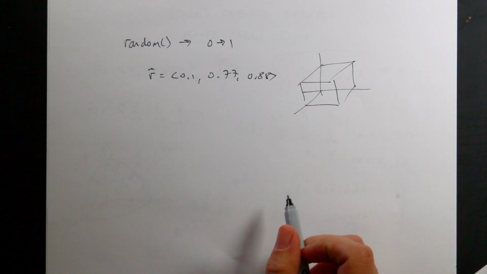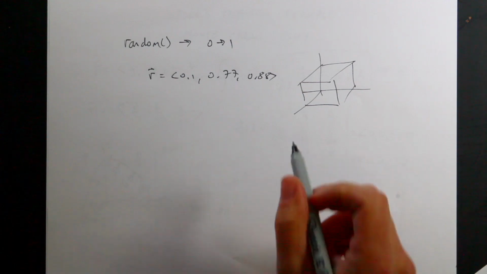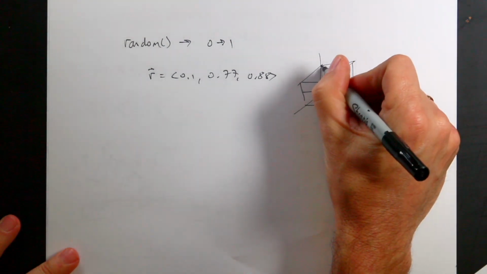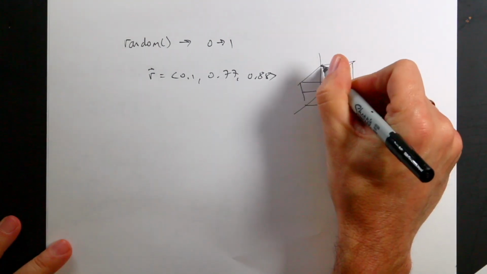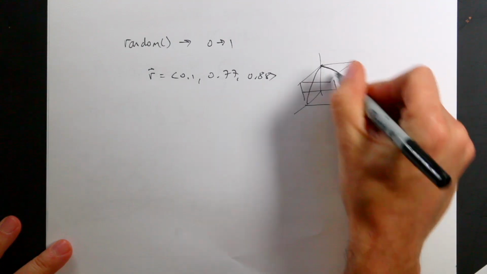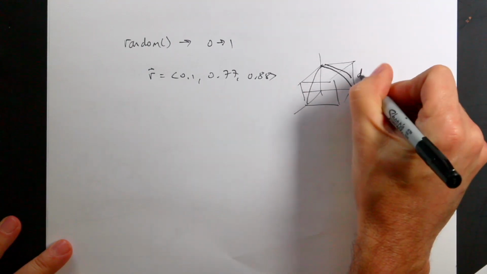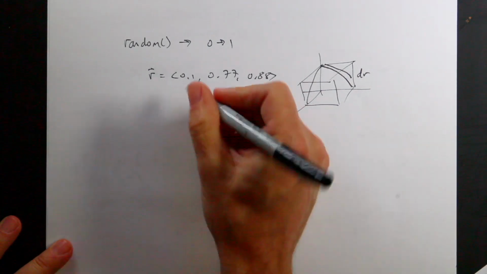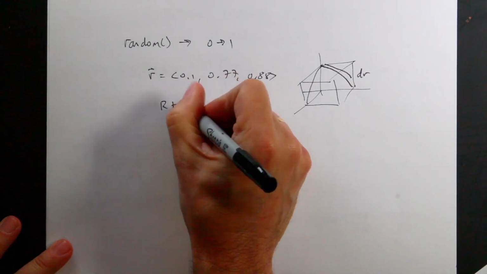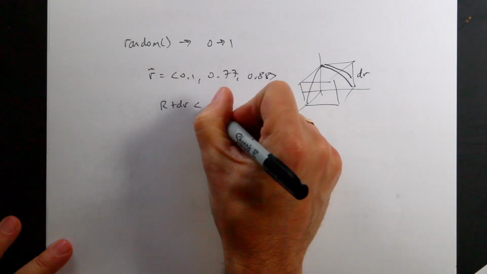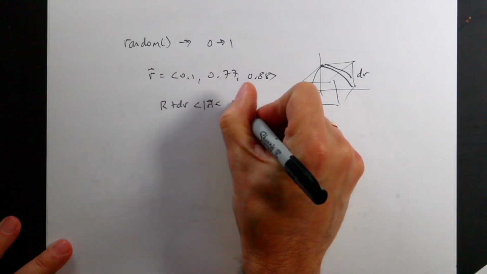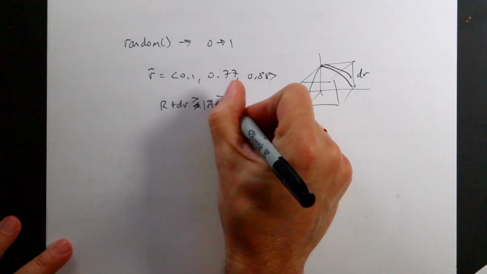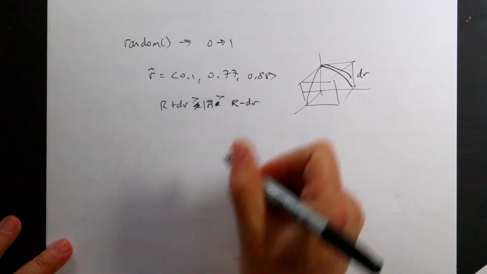And that's not what I want. So what I want to do is to generate all these values and only accept them if they lie in this shell. And so I have to give this shell some thickness. Let's call that dr. So if the magnitude of this is between r plus dr and r, no, that'd be the other way around, and r minus dr, then I'll take it.